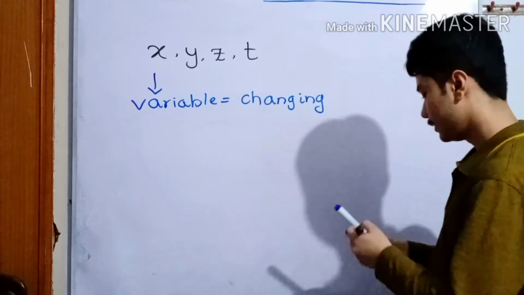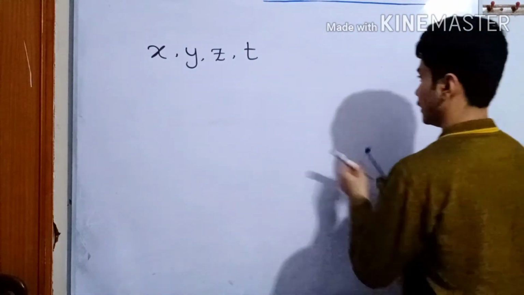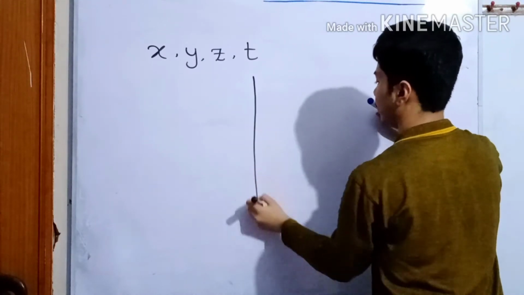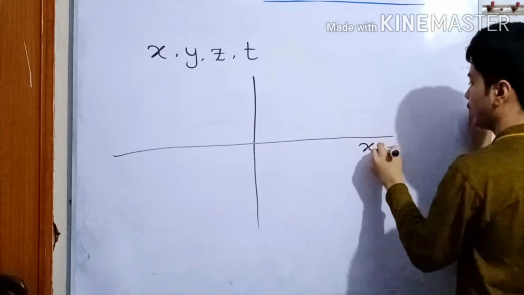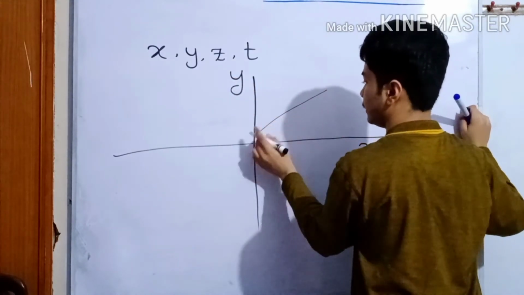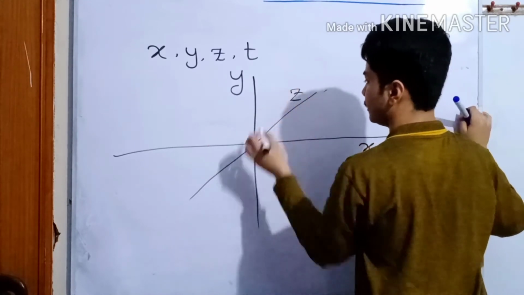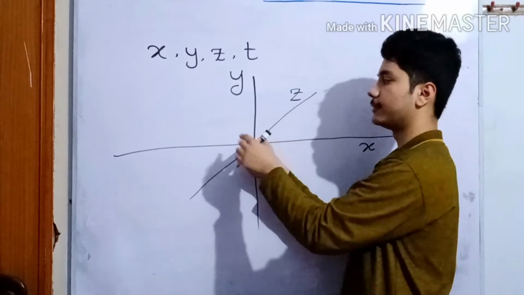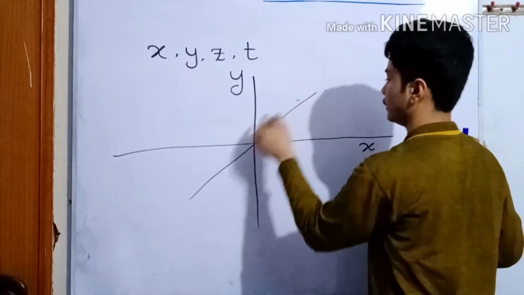Why? Let me tell you. If we draw axes like this, there is a y-axis, this is the x-axis, and the third dimension is z, which is not like this but coming out of the board because it's the third dimension. This is the z-axis, I will write z here.